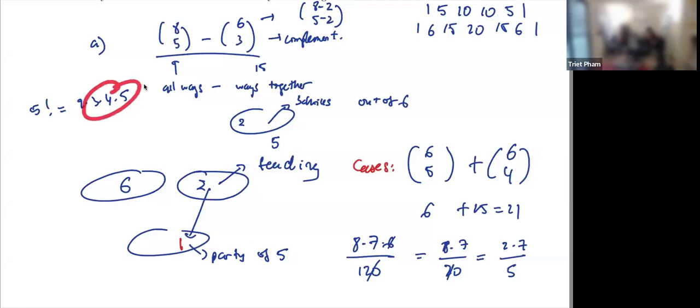Yeah, this is 120. That's correct. And then if I cancel the 6 out, I get 20. I cancel the 4, 5. But this is not right. Hold on. What did I do wrong?